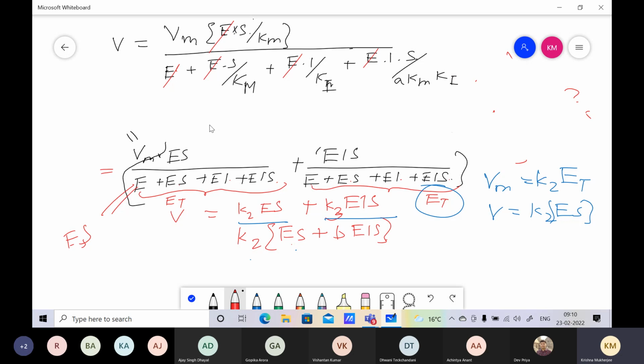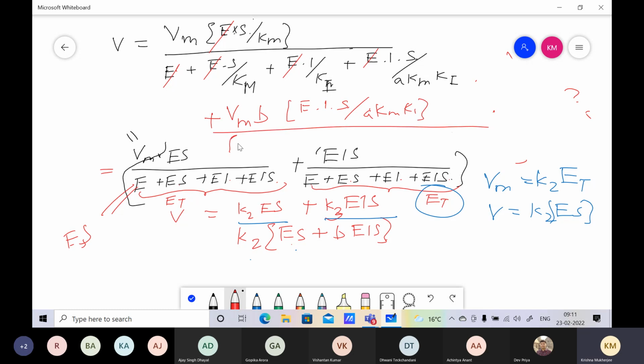And what about EIS? So we'll have to write plus Vmax, and I have to get the B term here, right? And what about the EIS? The EIS is E into I into S upon A Km Ki. Maybe I'm doing it wrong.